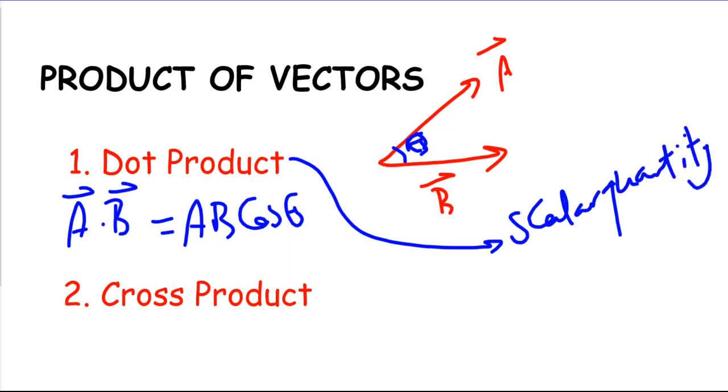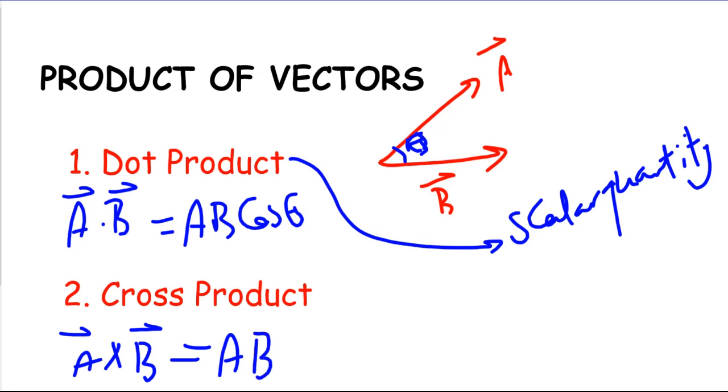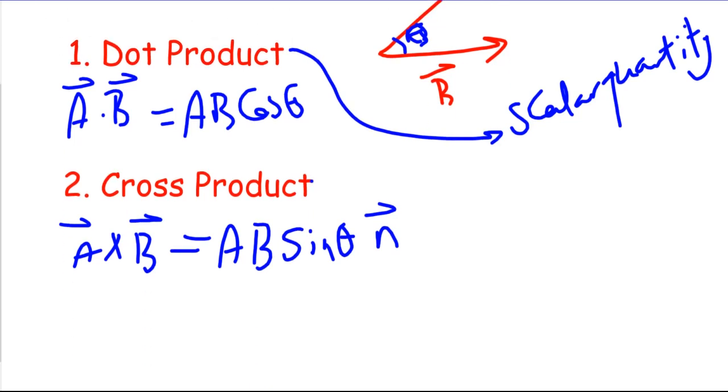While the cross product can be written like that, A cross B, it's going to be A B sine theta n, and n is a unit vector, so the cross product produces a vector quantity.